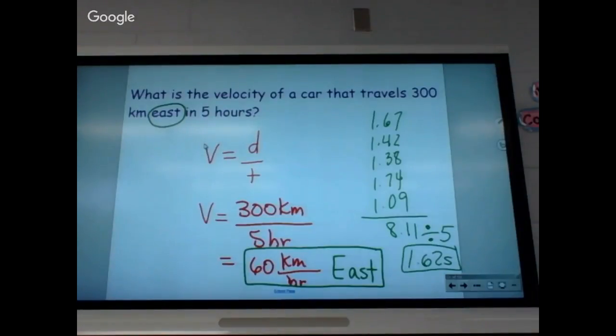They don't have to get me. Well, explain number two. Were all your speeds the same? No. Why not? One thing's gonna cause them to be different.